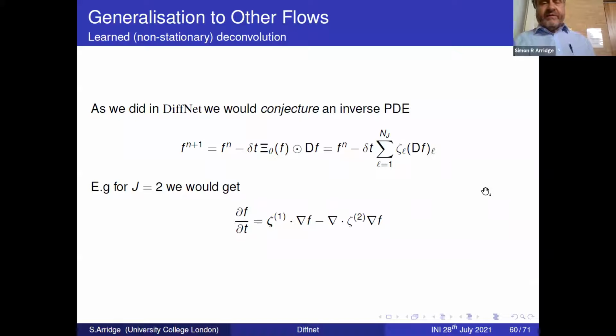So now, again, we would then just conjecture that the inverse process could be replaced by learning a different set of coefficients, which was still dependent on the same derivatives of the image, but in the reverse direction. So again, for stopping at order 2, we'd be learning these coefficients where now we've changed the sign of the advection.